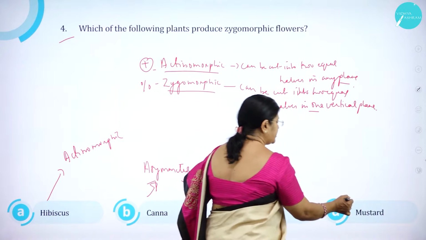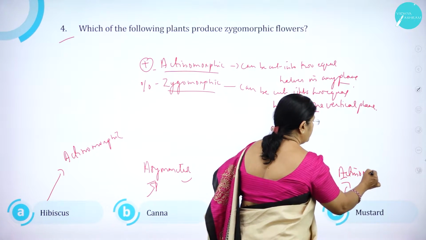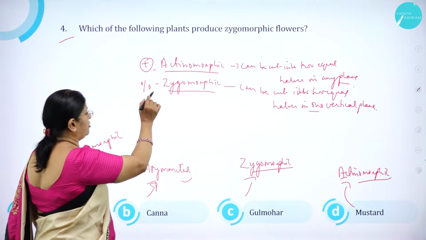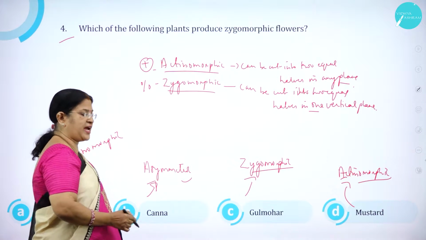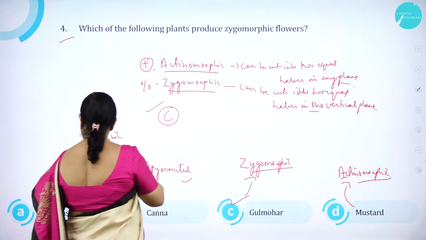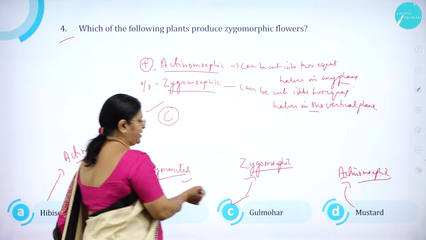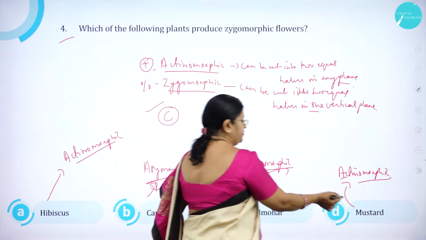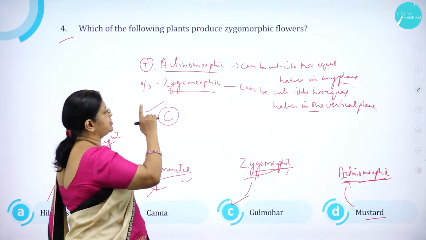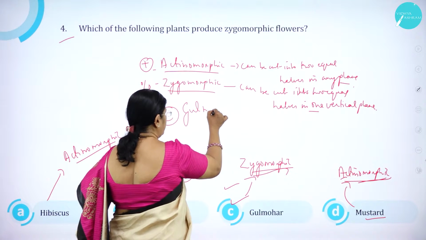And mustard is actinomorphic. So, which of the following plants produce zygomorphic flowers? It is option C, gulmohar. See here, hibiscus actinomorphic, canna asymmetric, gulmohar zygomorphic, and mustard actinomorphic. So it is gulmohar.